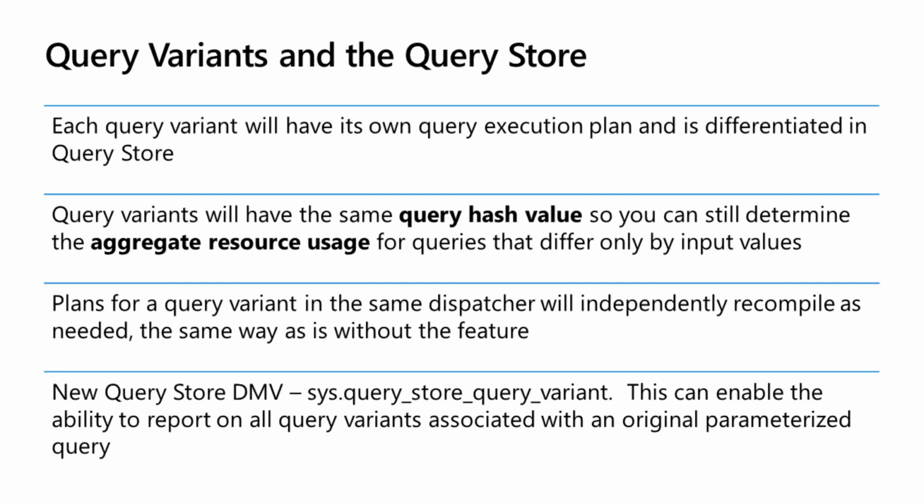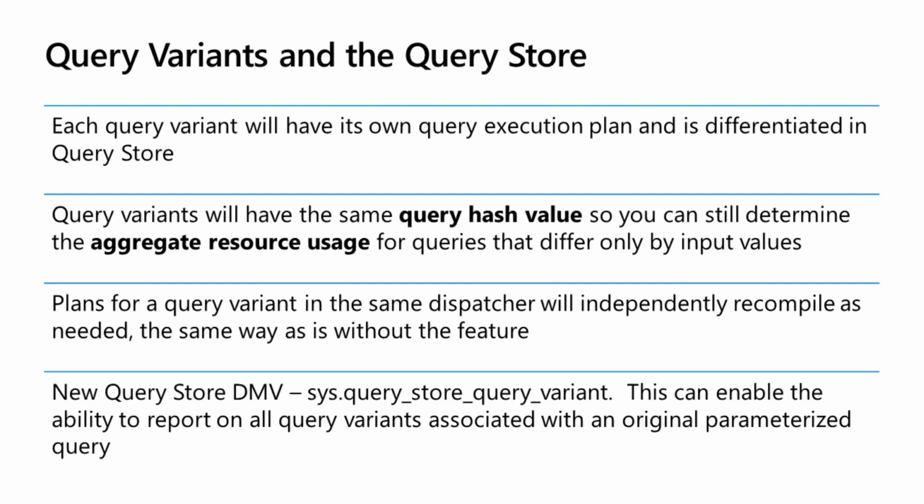Having this parent-child relationship really helps us enable the ability to track statistics on query variants associated with an original parameterized query. It's an easier way, at least in the query store, to aggregate statistics instead of aggregating by query hash ID.